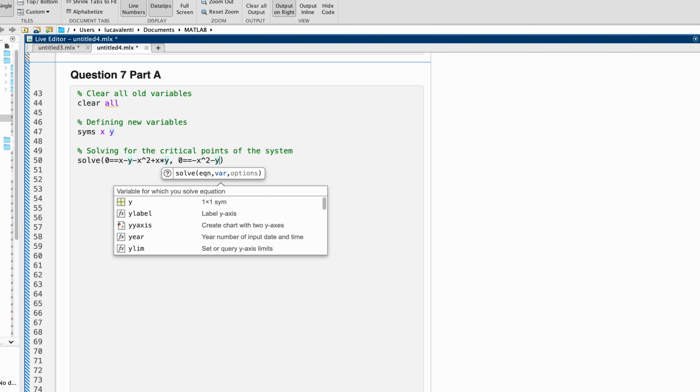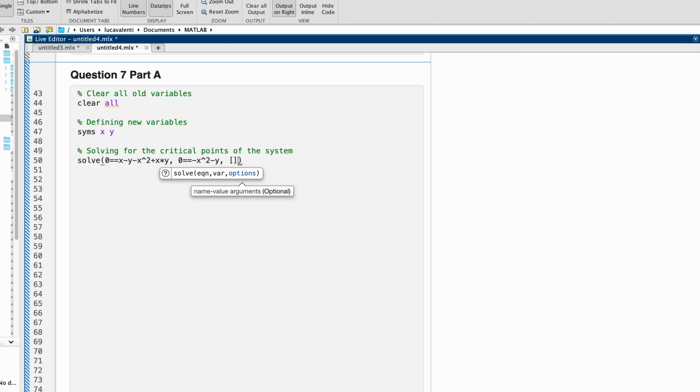We could have done this by hand, but I just want to show you how to do it in Matlab. And here we're going to have our x and y, which is specifying what we're trying to solve for. And then here I like to add real and true, because for the critical points you only want real solutions, meaning no imaginaries.